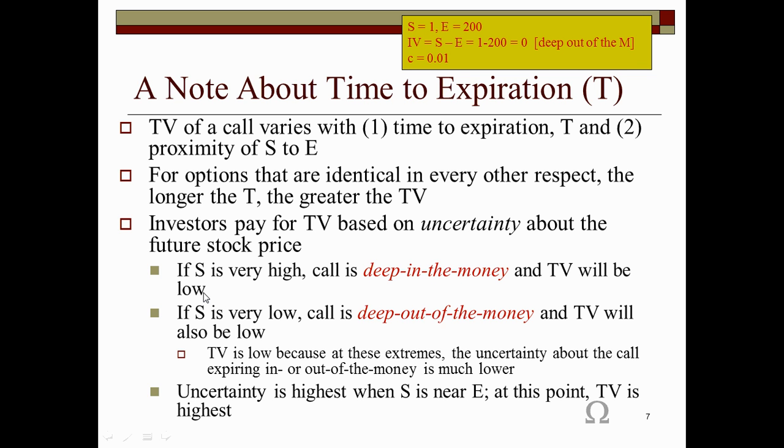So what this is saying is, if you have an option written on a stock where, for example, the stock price is 100 and the exercise price of the option is, let's say, $1, 100 minus $1 is 99. So now, as you can see, this option is deep in the money.